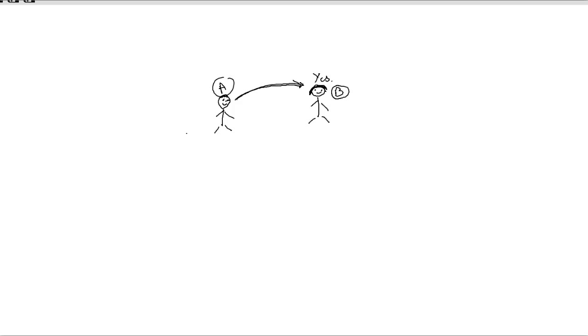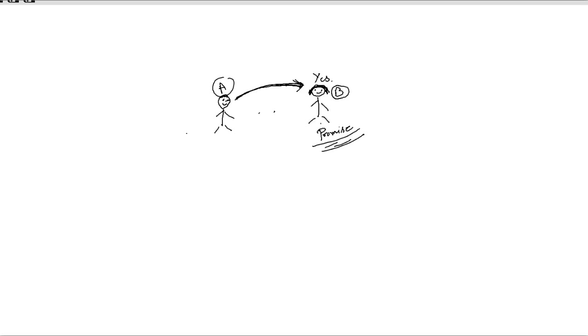A is making a proposal, will you marry me? And B is saying yes. It means this proposal has been accepted by B. And once this proposal has been accepted, B is making a promise here. Once B accepts this, it means B is making a promise, yes, I will marry you.